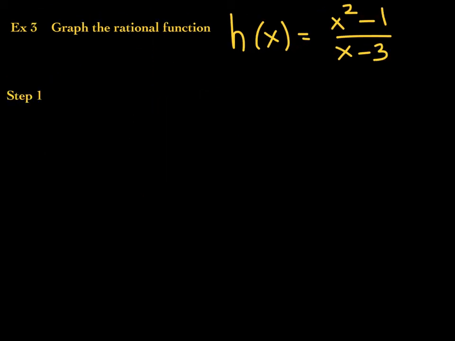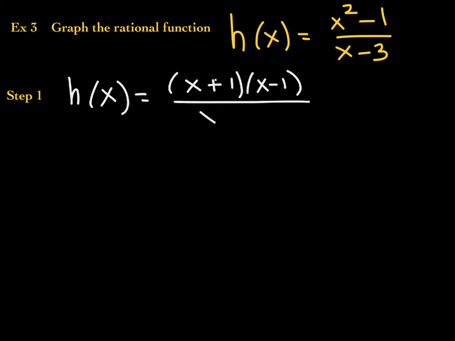Here's our next one. H of x is equal to x squared minus 1 over x minus 3. Step number 1 has us fully factoring. Let's see, we can factor the numerator as a difference of 2 squares, and the denominator is already fully factored. All right, good. There are no common factors between the numerator and the denominator, so that lets us know that there will be no holes in the graph.